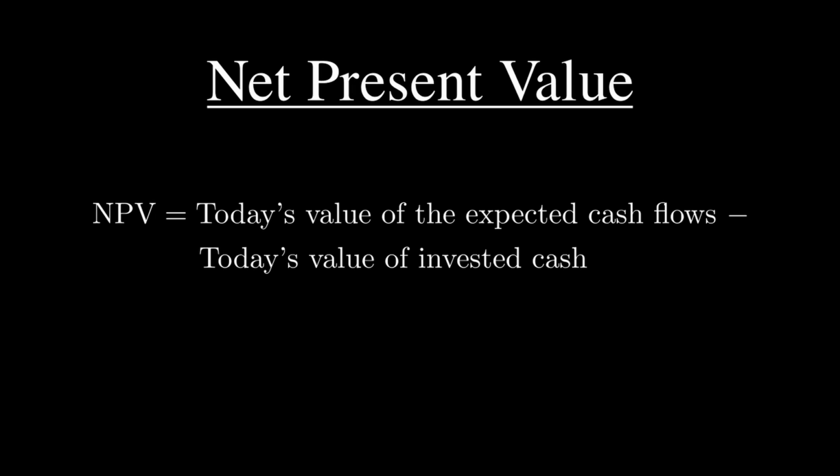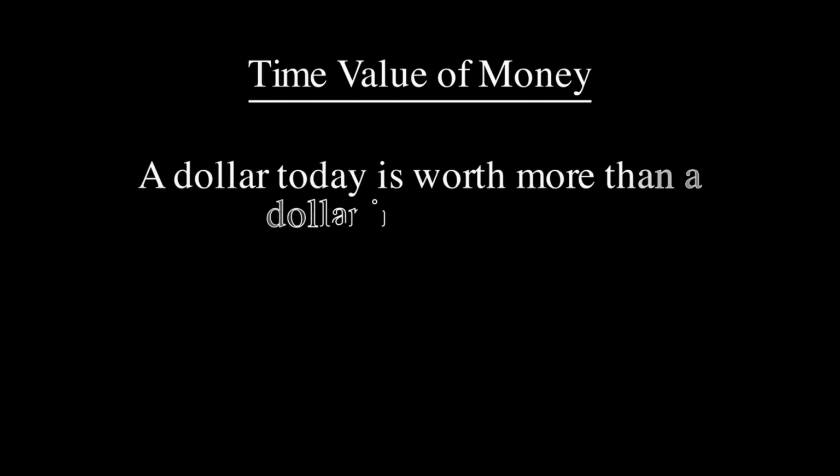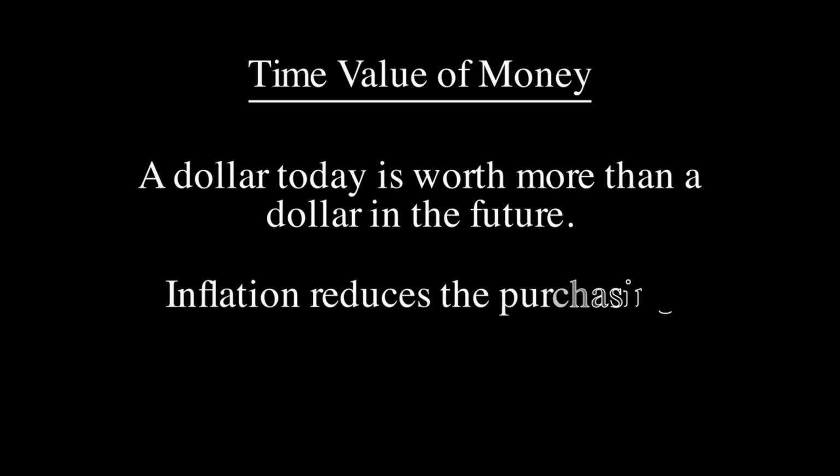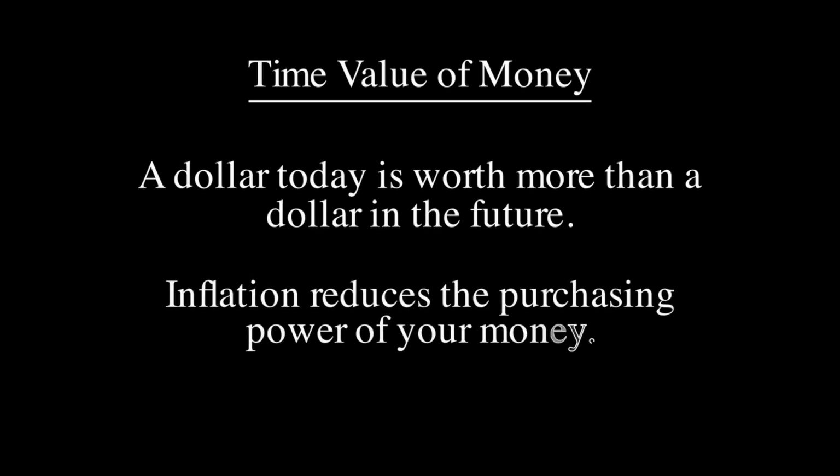The expected future cash flows need to be discounted in order to determine their present value due to the time value of money, which is an idea we briefly discussed in the previous video. Basically, the time value of money is the idea that $1 today is worth more than $1 in the future. One reason for this is that inflation erodes the value of money over time.